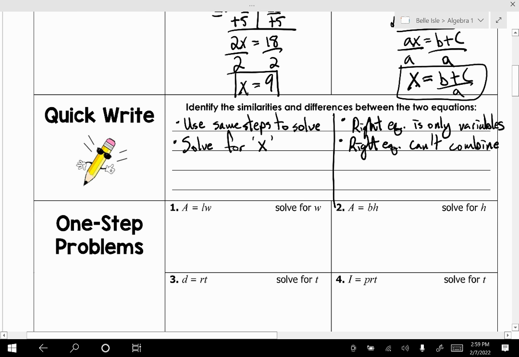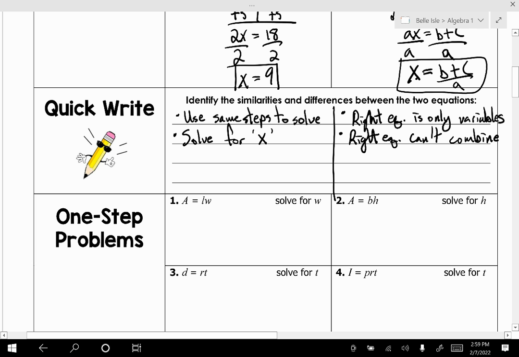Okay, so let's look down at number 1. We have A equals L times W. What is that equation? What is that formula? Science or geometry? What is A equals L times W? You have seen this before.